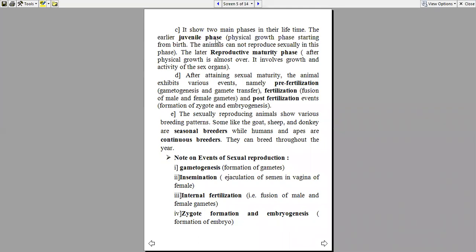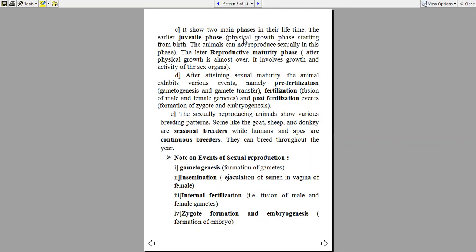Now, the juvenile phase means the physical growth phase. It is the phase which starts from birth. This is the phase where the animals cannot reproduce sexually. So the first phase in the lifetime of every animal is the juvenile phase. The second phase is the reproductive maturity phase.